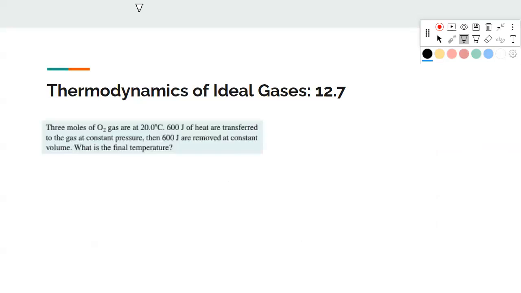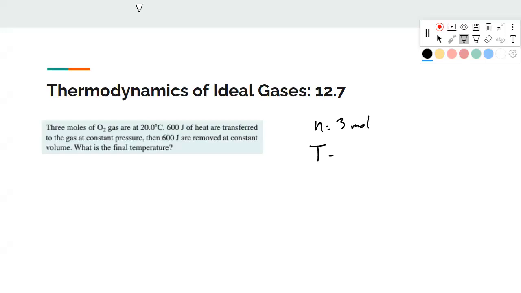So just to do an example, using these heat capacities. Here we have 3 moles of diatomic oxygen held at 20 degrees Celsius. So n is 3 moles.